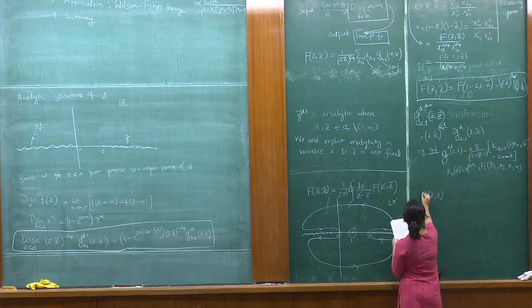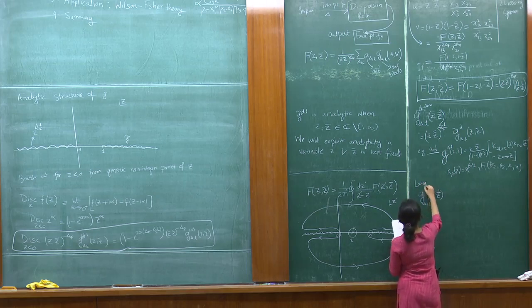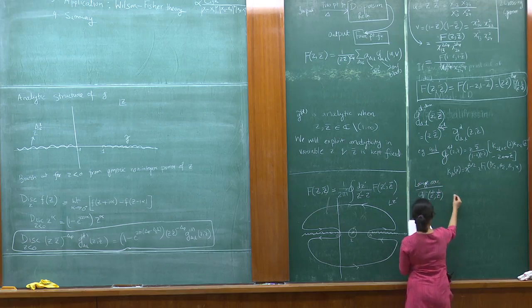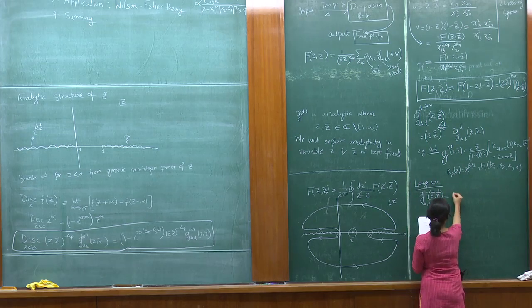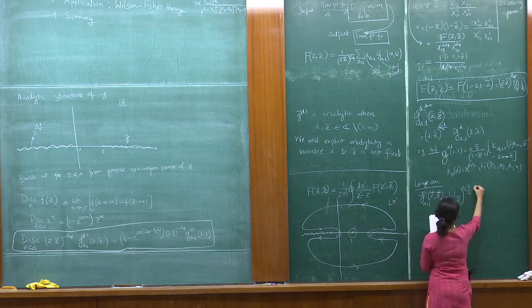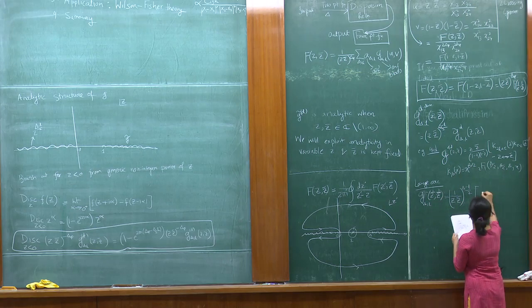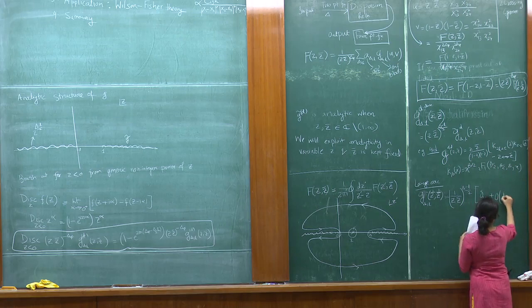This is for the large arc, and this goes as 1 over z bar to the power something, plus order 1 over z, order 1 over z bar.